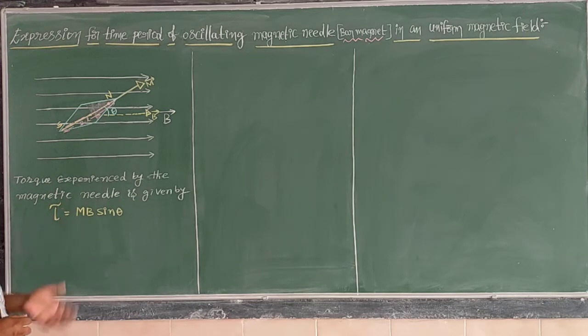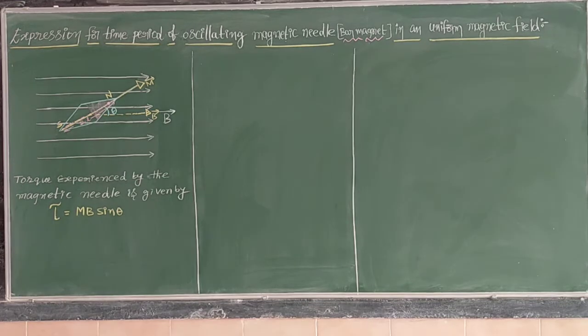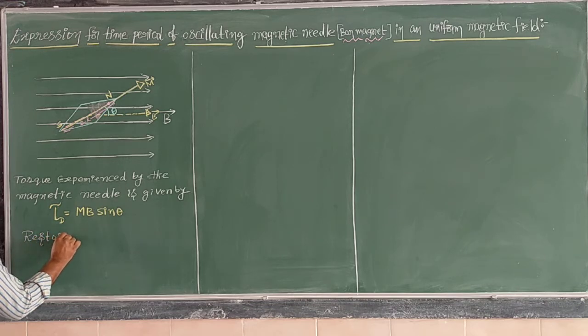Related to which there is some restoring torque also. This is the deflecting torque which is experienced by the magnetic needle in the magnetic field. What is the restoring torque?